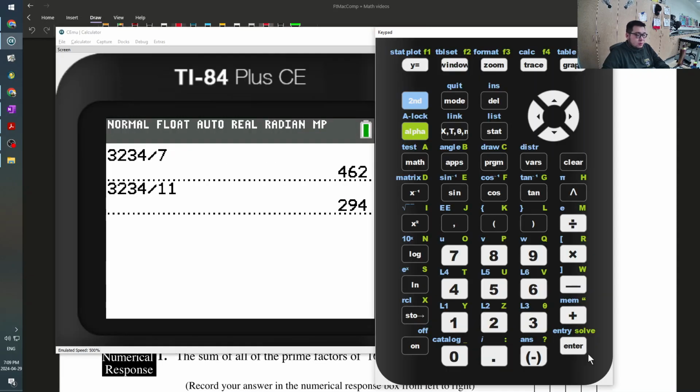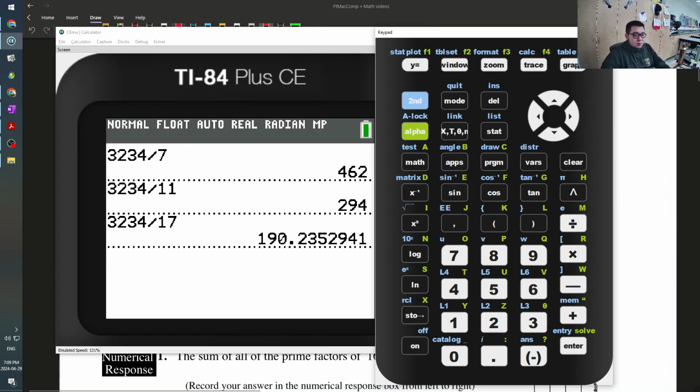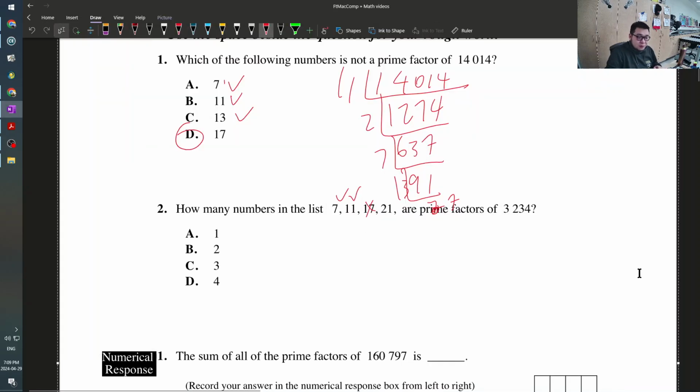Okay, works out. 3234 divided by 17. Okay, not a prime factor. 3234 divided by 21 gives 154. Oh, trick question, 21 is not a prime number, so there are only 2 prime factors. B is the answer.